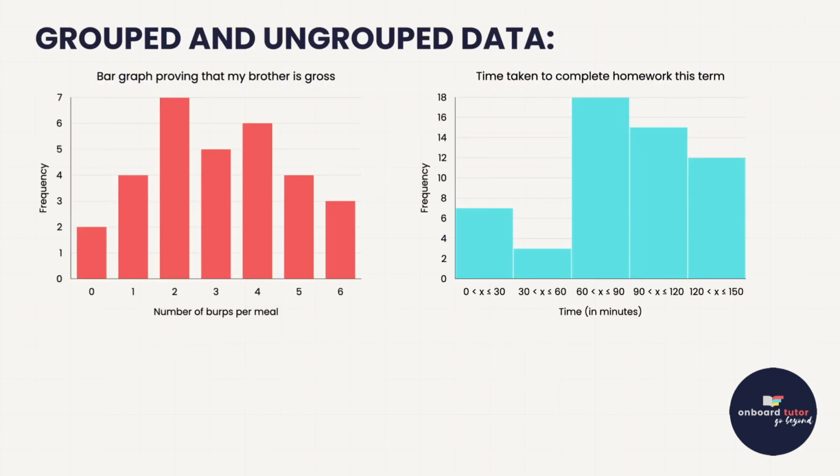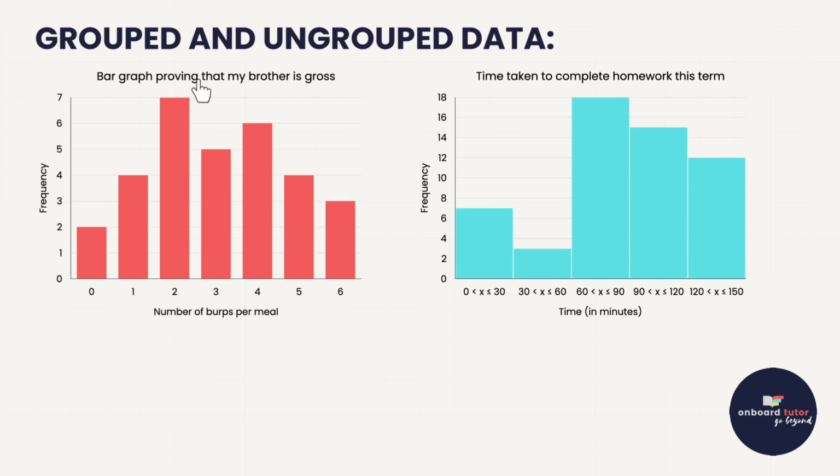Now, in our studies thus far, we will have encountered what is known as grouped data as well as ungrouped data. So let's have a look at 2 graphs here that one of my students drew. Clearly her brother is forever burping during meals, and so she drew a bar graph proving that my brother is gross, and she literally documented how many times he burped in any given meal.